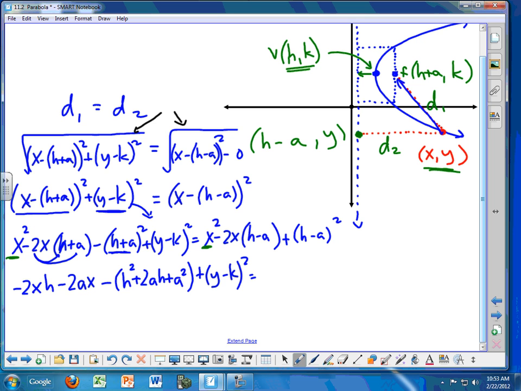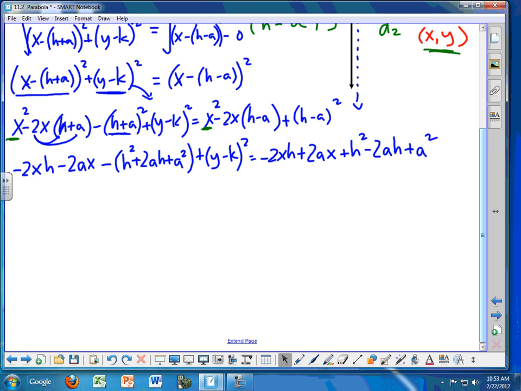And that produces then on the other side negative 2xh plus 2ax plus h squared minus 2ah plus a squared. Whew, that was a lot of work. All right. Working these out, I'm going to see some things going on here.